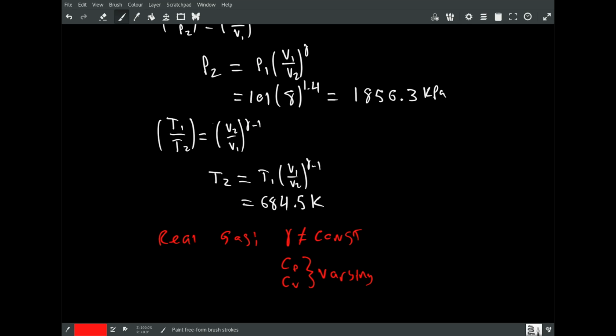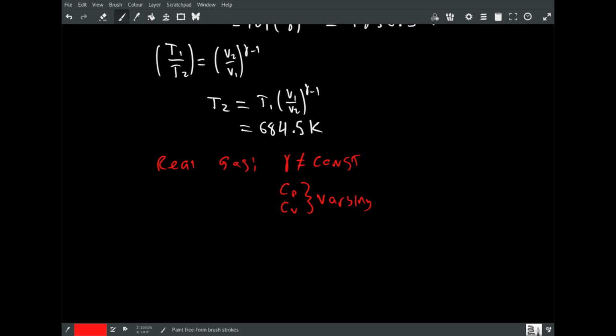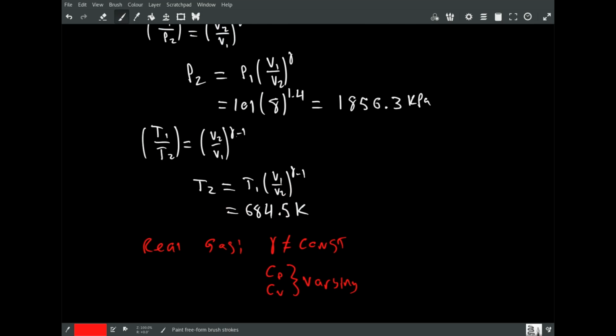So for this simple example, we are going to be ignoring that, and we're saying that we have a calorically perfect gas where these are all constants. However, it should be noted that in reality, they do vary. Another way of solving this problem, if you wanted to account for that, is instead of using this isentropic compression process, you can use tables which give the ideal gas properties of air and basically alter the specific volume with your compression ratio.